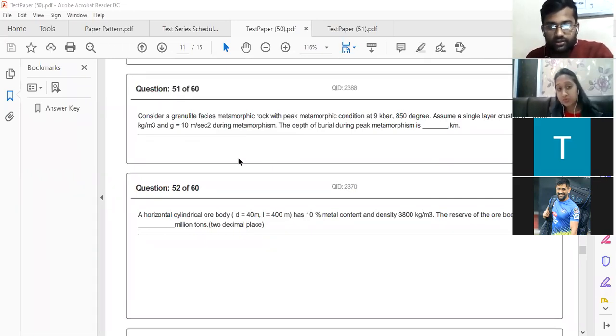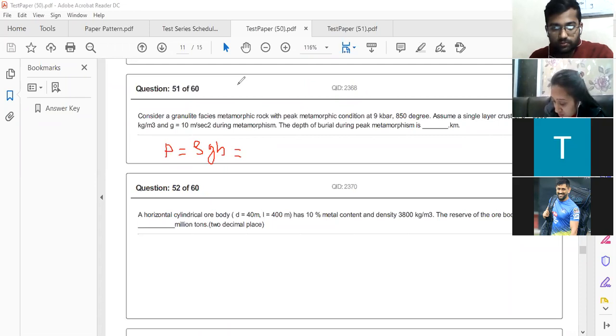Consider a granulite facies metamorphic rock with a peak metamorphic condition at 9 kilobar and 850 degrees, assuming a single layer crust, density 3000 kg per meter cube and gravity 10 meter per second squared during metamorphism. Find the depth of burial during peak metamorphism. So again basic formula: pressure is equal to rho g h.